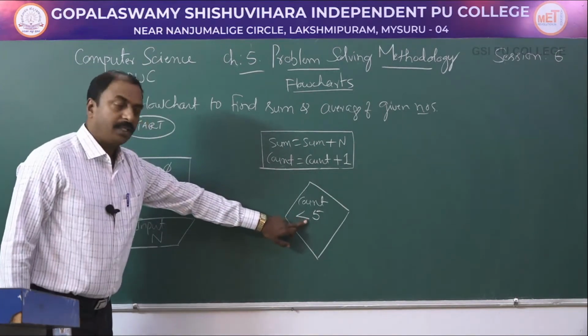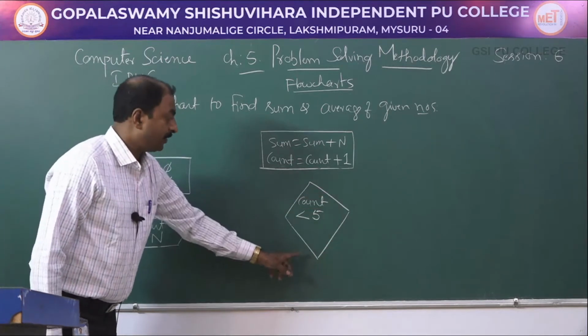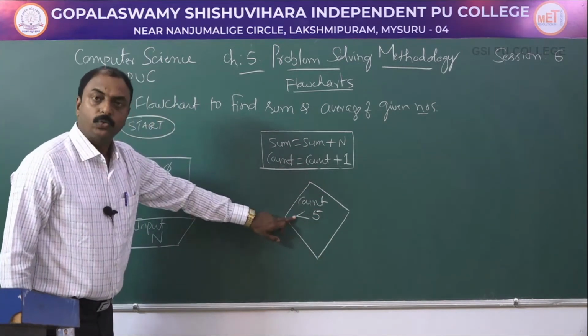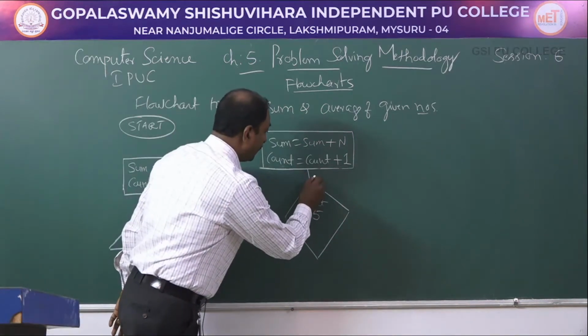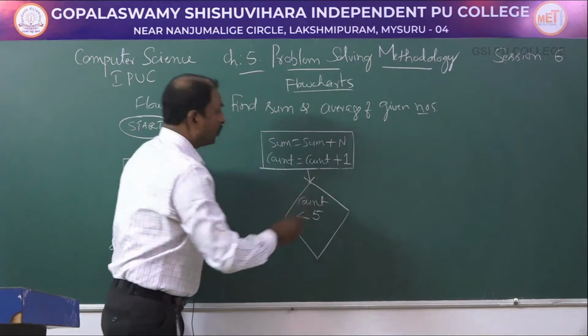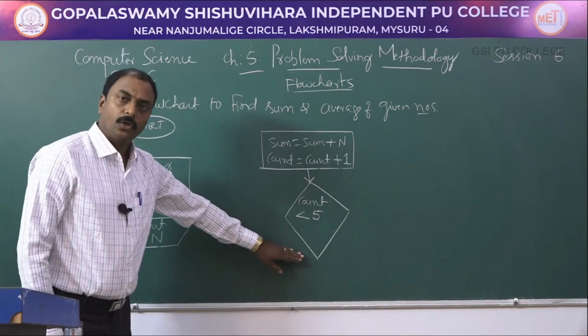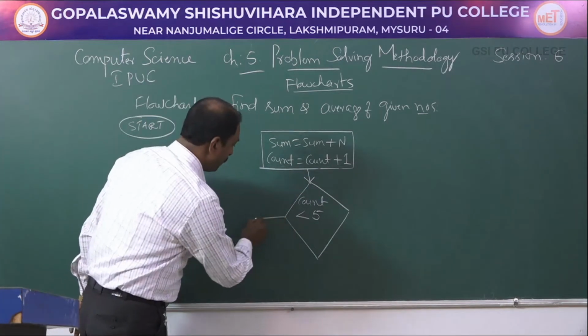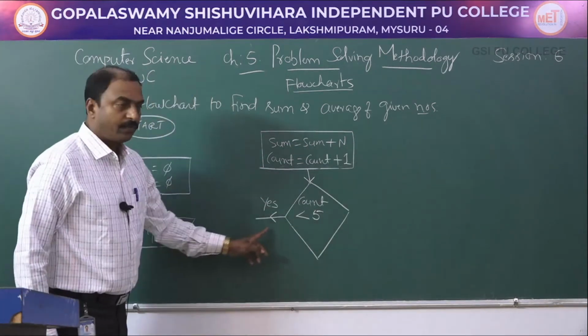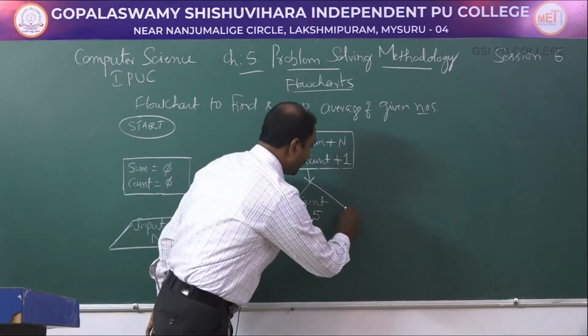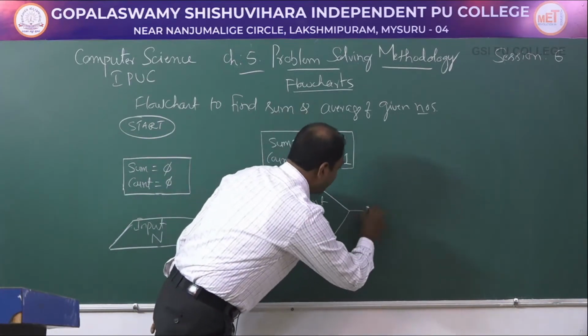Suppose this condition is true. This rhombus takes one input and produces 2 possible outputs, that is yes or no. One is yes, it is less than 5, and the other branch is no.